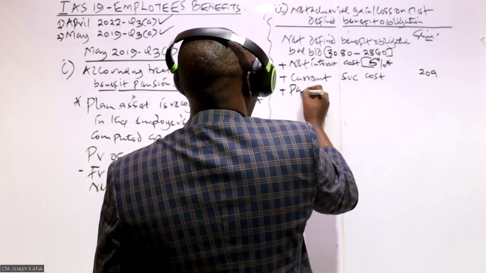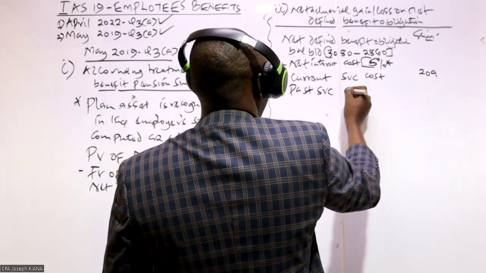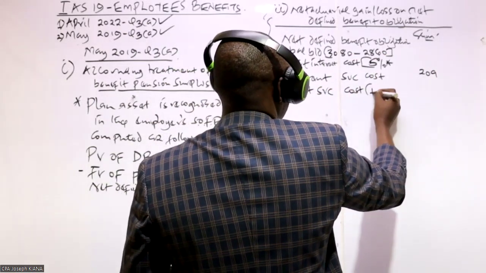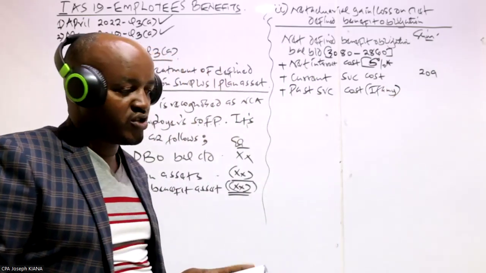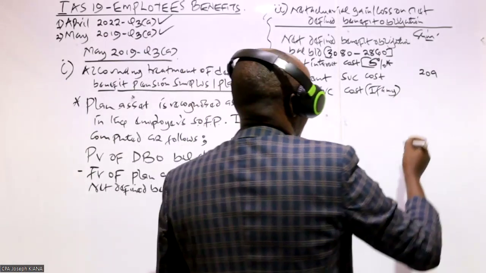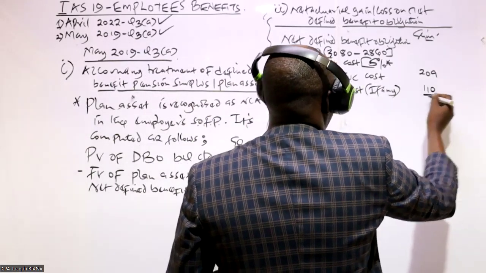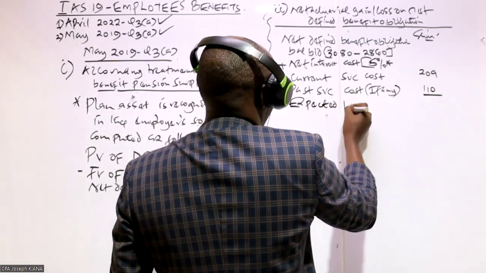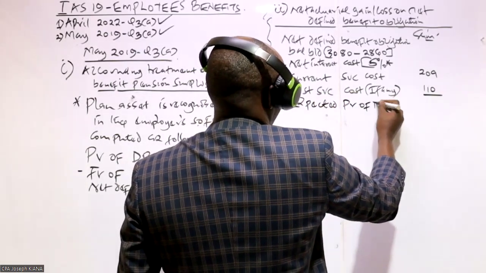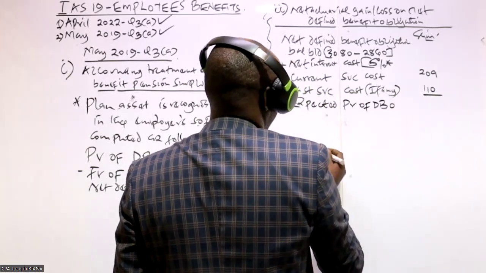To this, we also add the past service cost, if any. And in our case, we have said that whatever is given in additional information number 2 is the past service cost, which is 110. So here we are going to get the expected present value of defined benefit obligation at the end of the year.